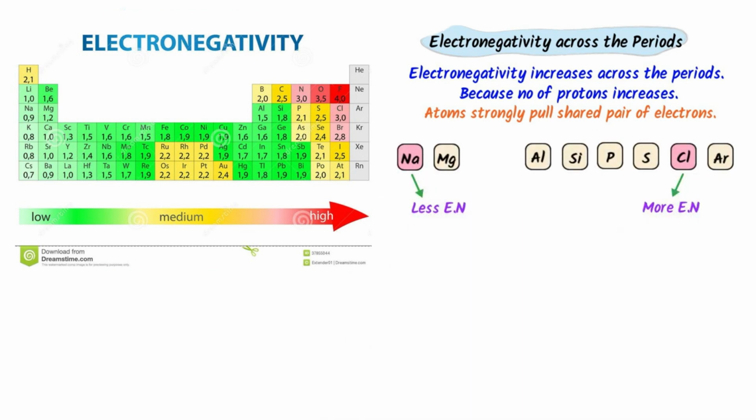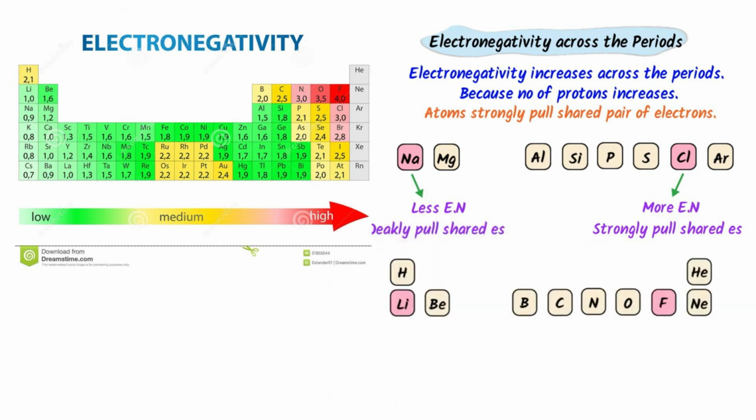It is because chlorine has smaller size and sodium has larger size. While in the second period, fluorine is more electronegative than lithium because fluorine has smaller size and it easily pulls the shared pair of electrons, while lithium has larger size and it cannot pull the shared pair of electrons. Therefore, we say that electronegativity increases from left to right across the period.